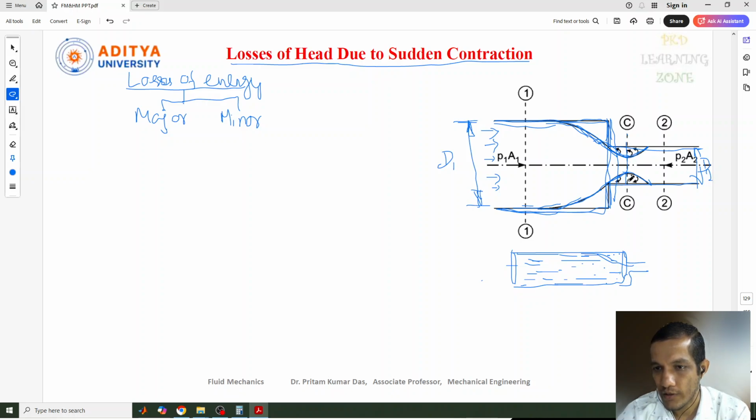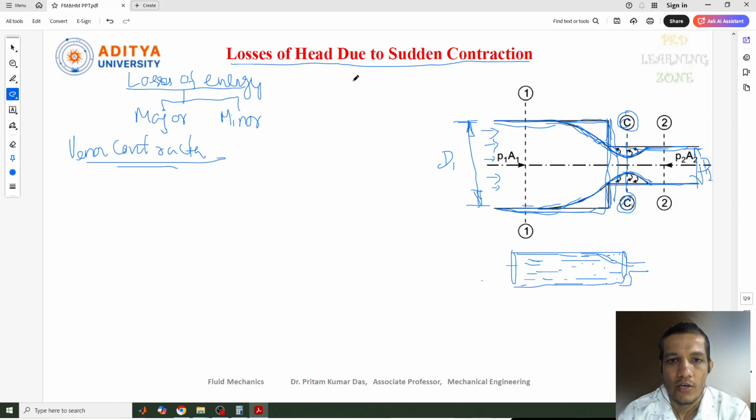This zone, CC, is where we get the minimum surface area of the fluid flow. That is called the vena contracta. After that it expands again, and it enlarges to the smaller pipe.